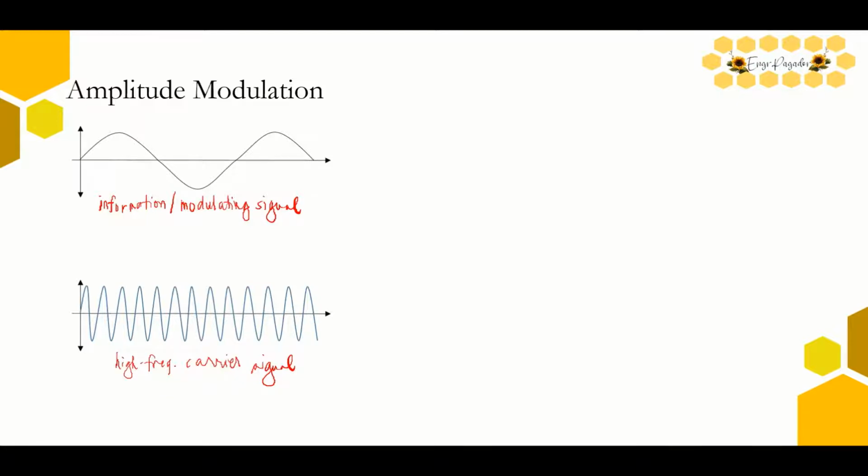So, sabi kanina, take note that the carrier frequency remains. So, ito lang yung frequency natin, hindi yan magbabago. We will follow the frequency of the carrier signal, and the amplitude will also vary in accordance with the modulating signal. So, ito ngayon yung amplitude niya.